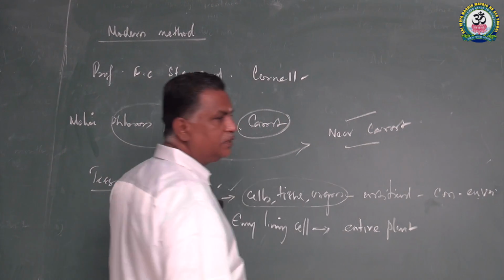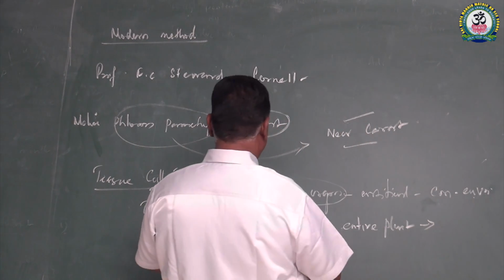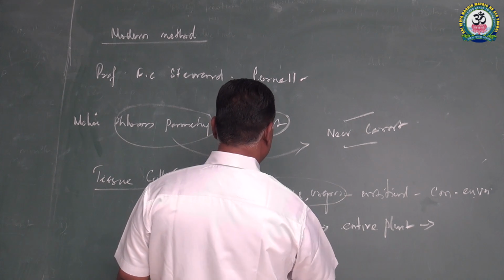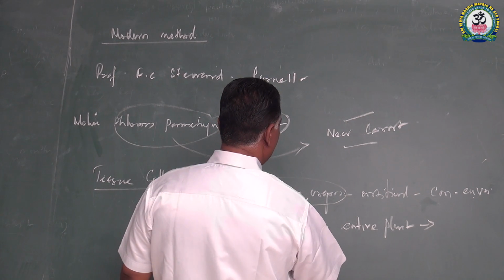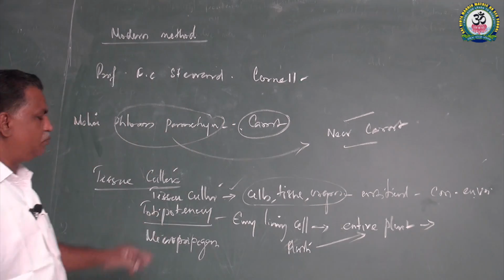So every living plant cell is capable of producing the entire plant. This is called totipotency or total potency.